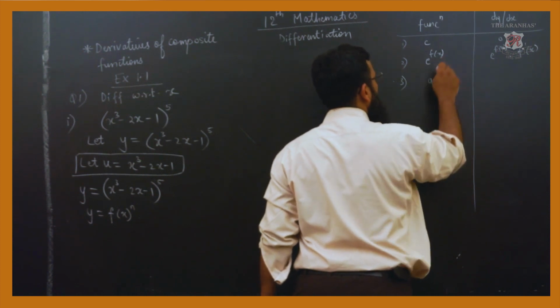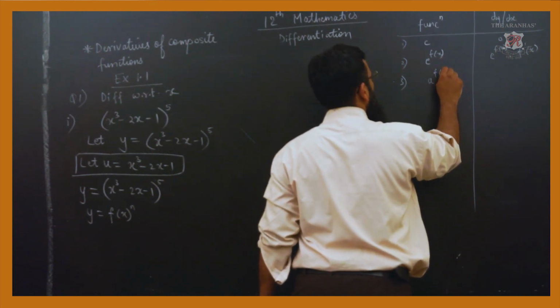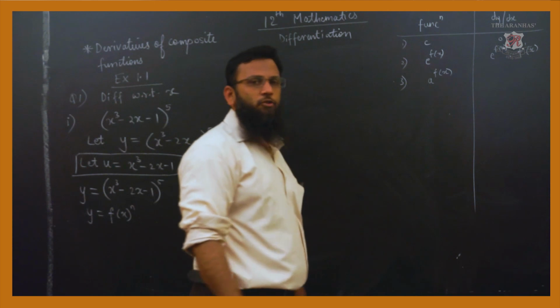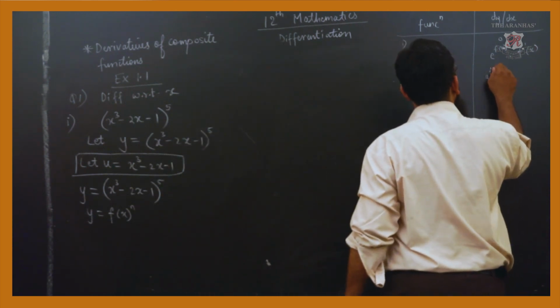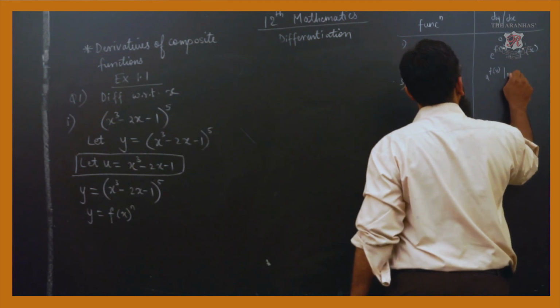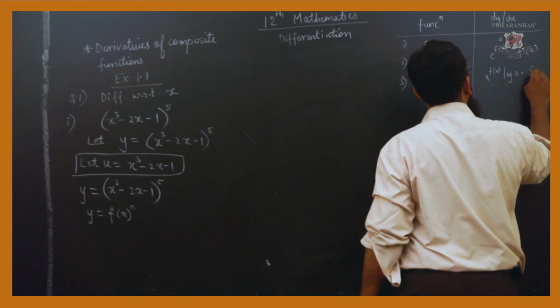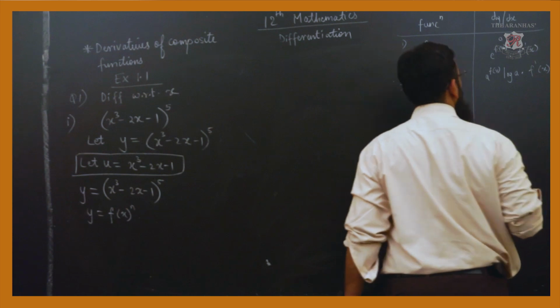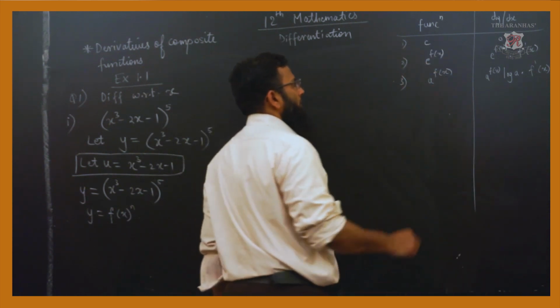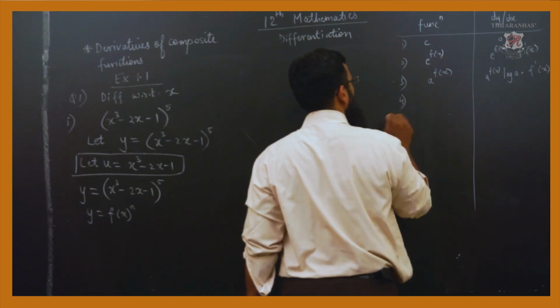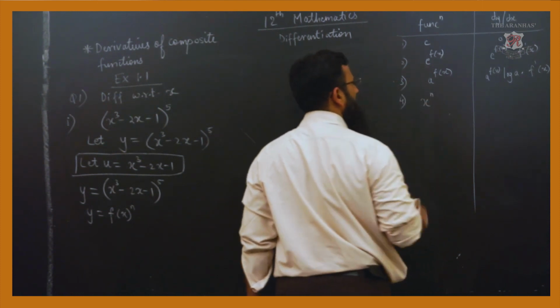Then yesterday it was a raised to x, so we are going to write it as a raised to f(x). So the value will be a raised to f(x) into log a and into f dash of x. Then we have x raised to n.